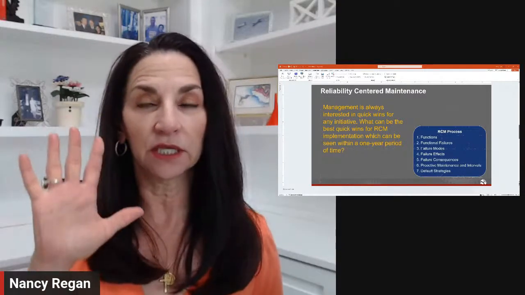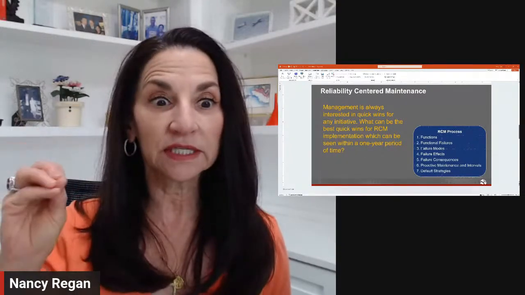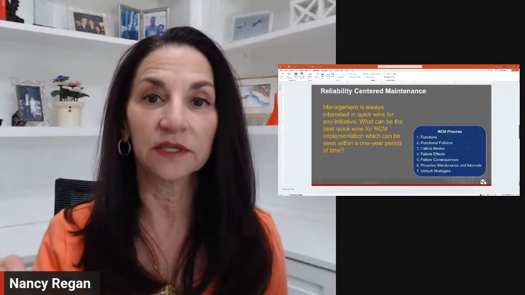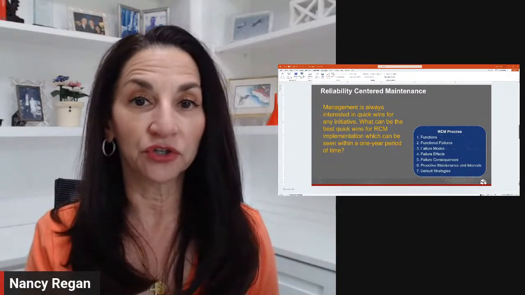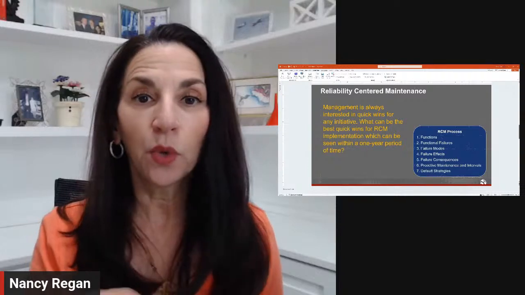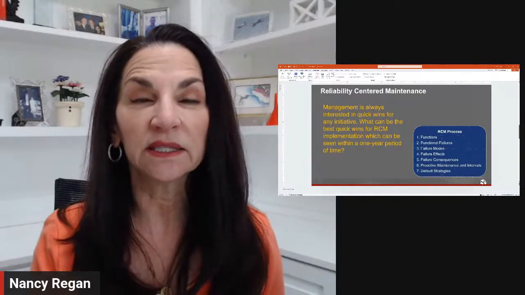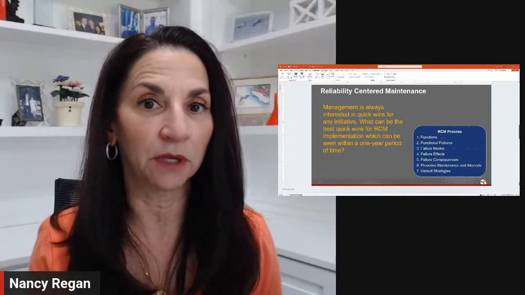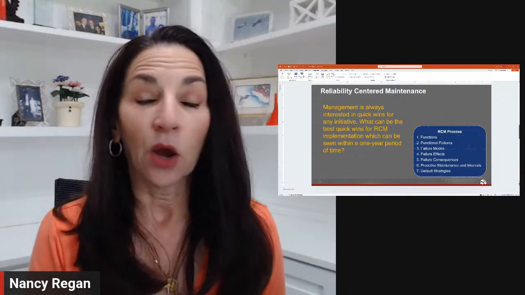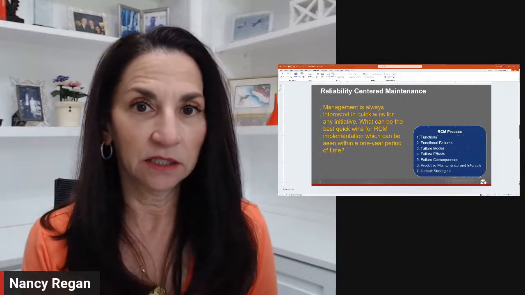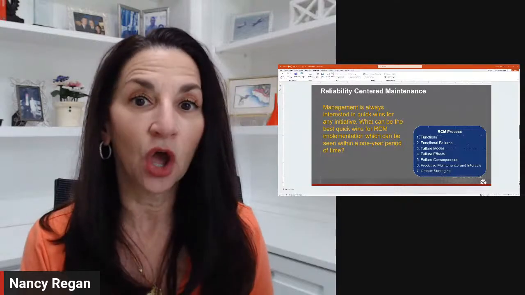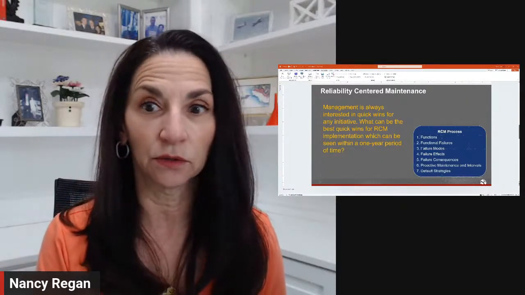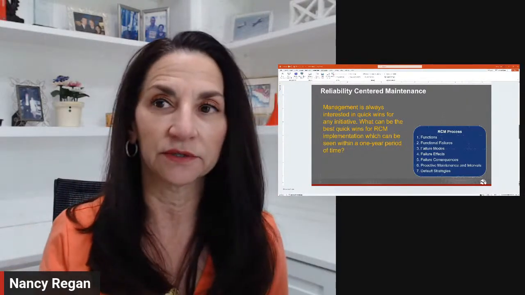Now, I'm gonna tell you one thing. The first step in the RCM process is writing functions. When we write functions properly, we identify what we specifically need from a machine. I have facilitated some analyses where we have discovered the cause of chronic failure while we're writing functions.